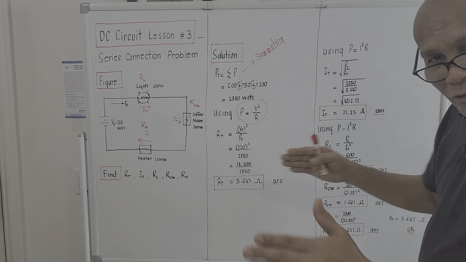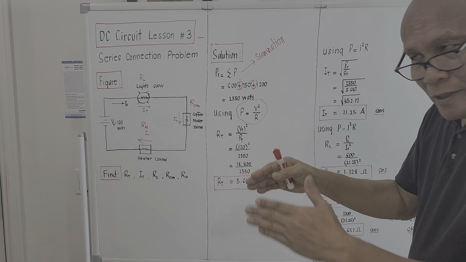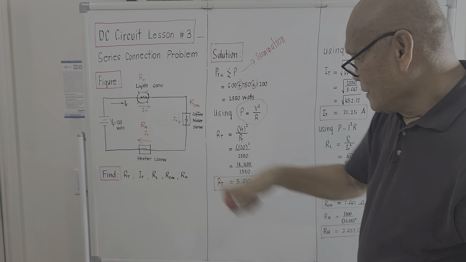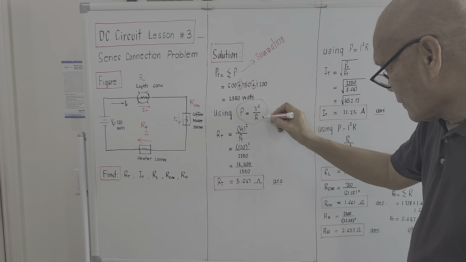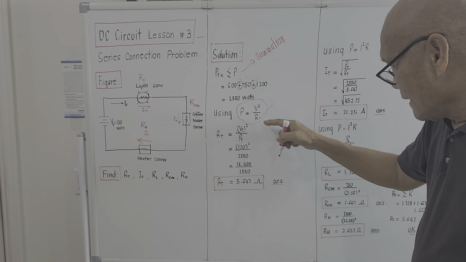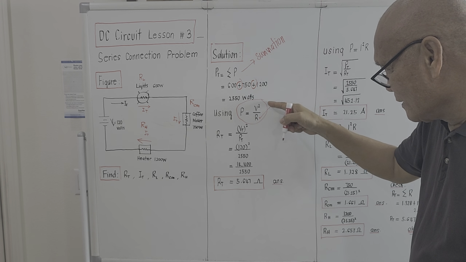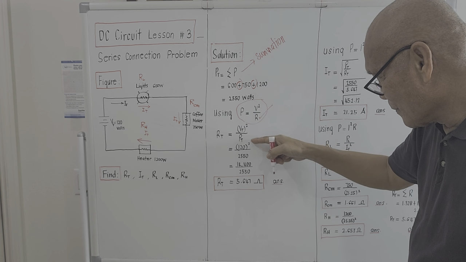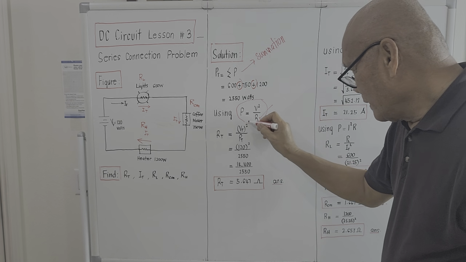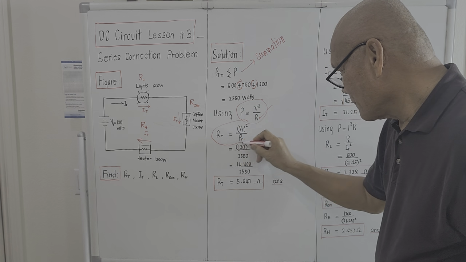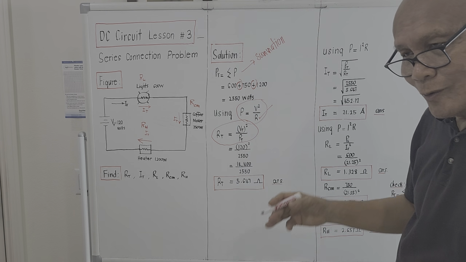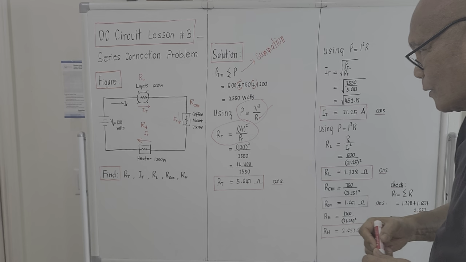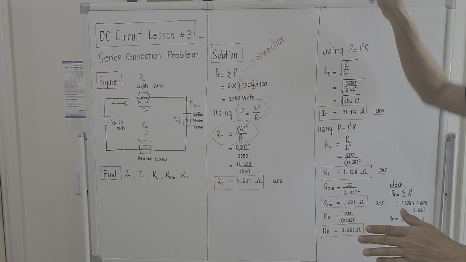That's a general equation. So for the whole system, R will be the square of V all over P. But I will now place the proper subscript. We are talking of the total system already, so I will place the subscript T.